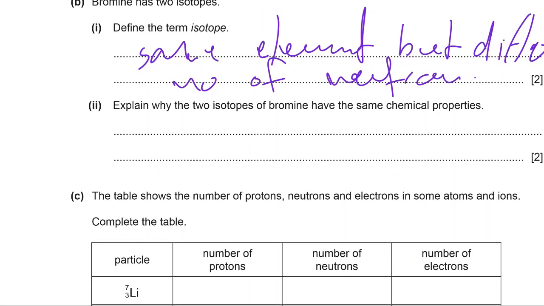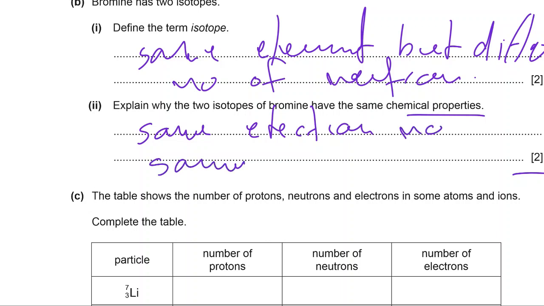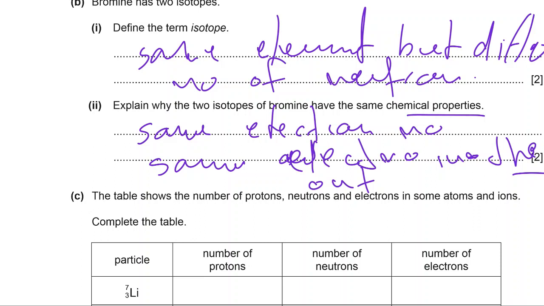Explain why the 2 isotopes of bromine have the same chemical properties, with 2 marks. Because of the same electron number and the same electrons in the outer energy level. Because it's 2 marks, so same electron number.